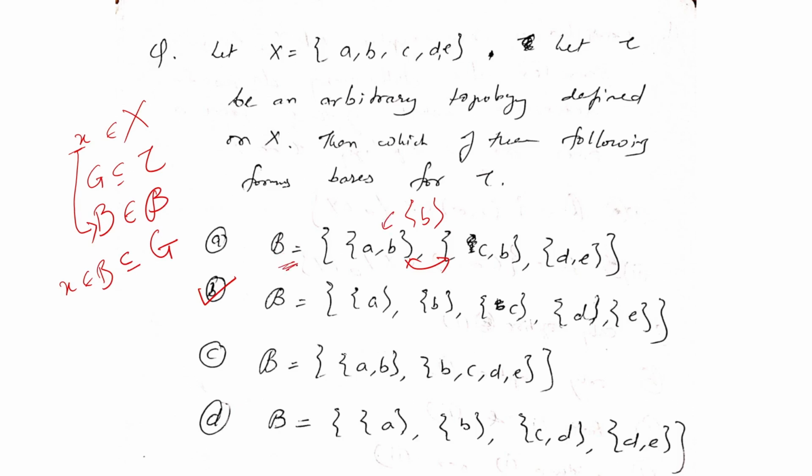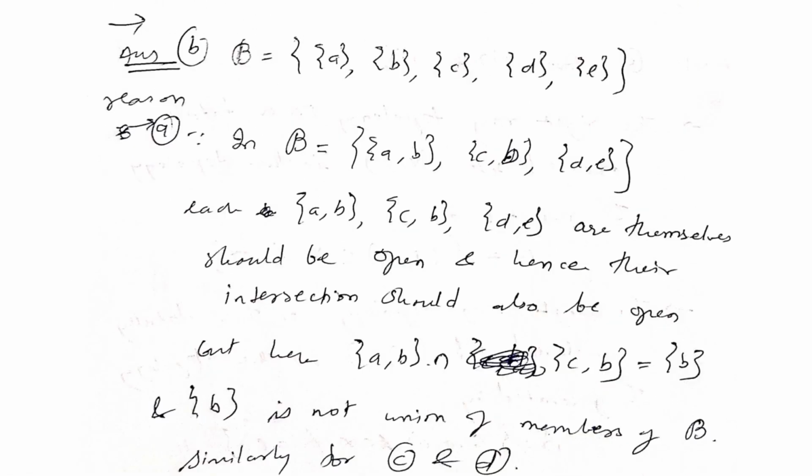Because it also has to satisfy the property of union and intersection, right? Yes ma'am, clear. Same here, you will get singleton B, which is not there. Again for D, you will get the intersection as singleton D, which is not there, right? Because of this, it does not satisfy the property that the intersection of any two elements in B should again be in B. That's why we are discarding A, C and D. So our answer is B. For all the others, the intersection is not satisfied. Clear?